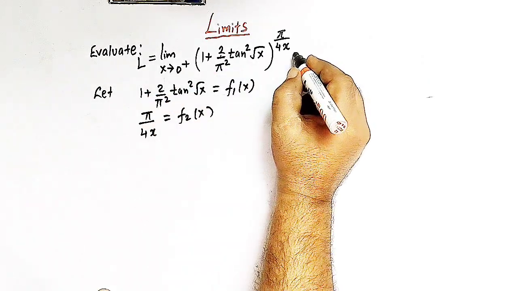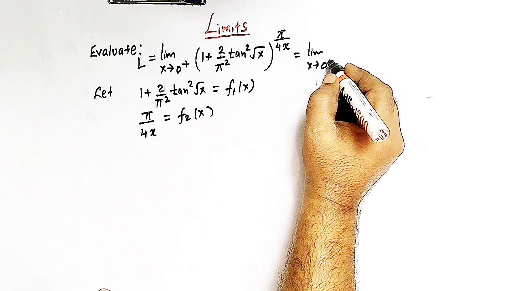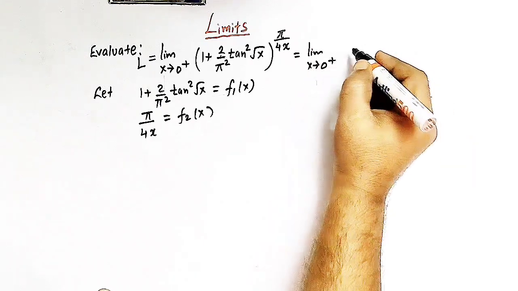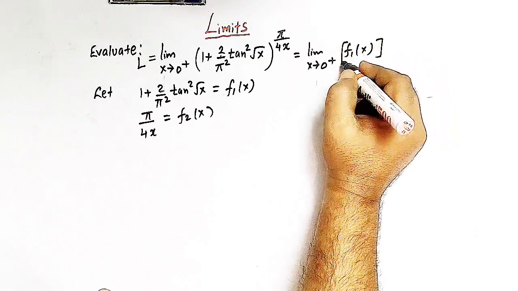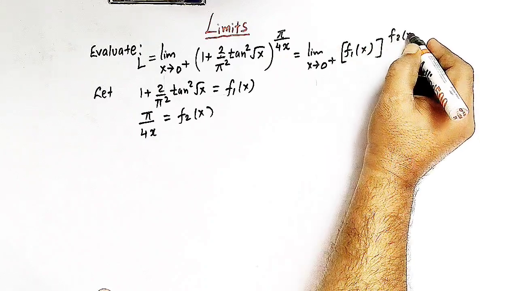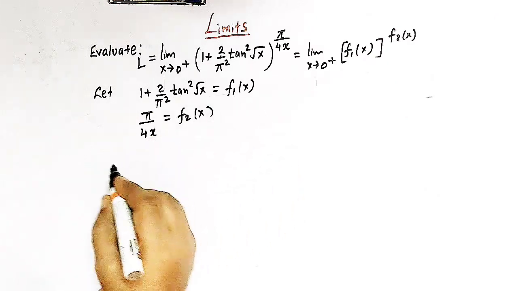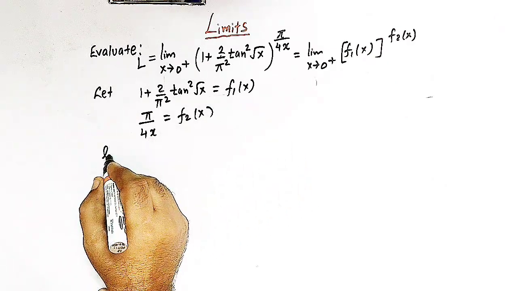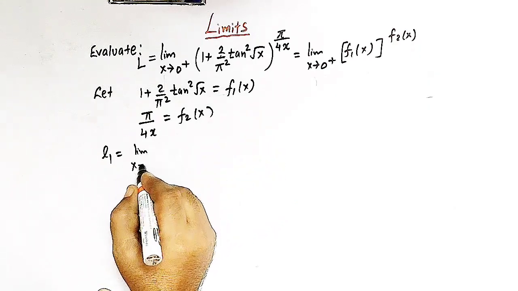So now this limit takes the form limit x tends to 0 positive, f1(x) raised to f2(x).